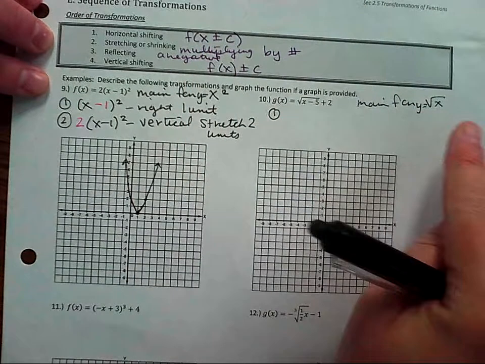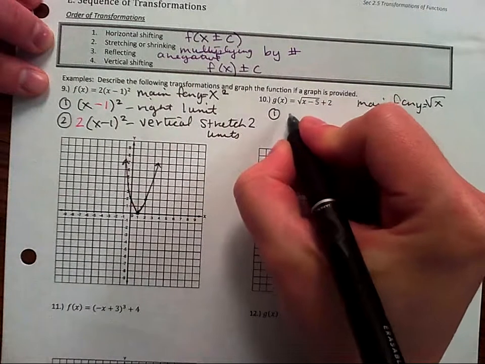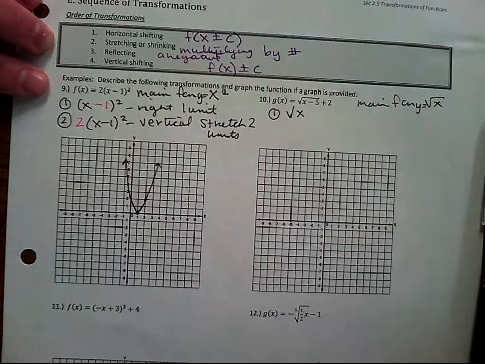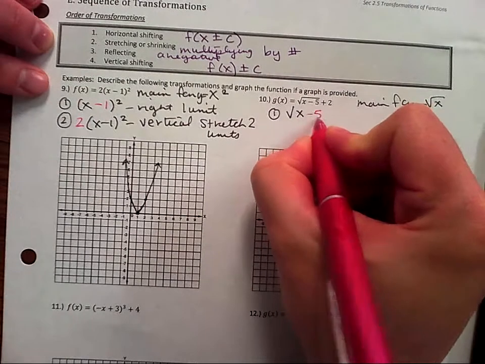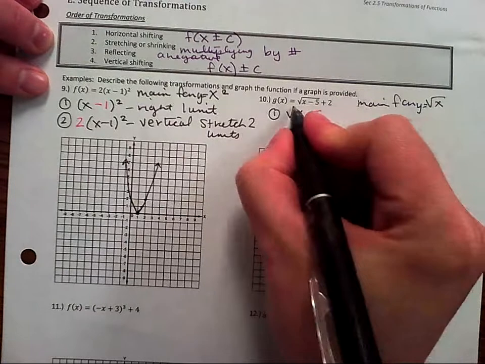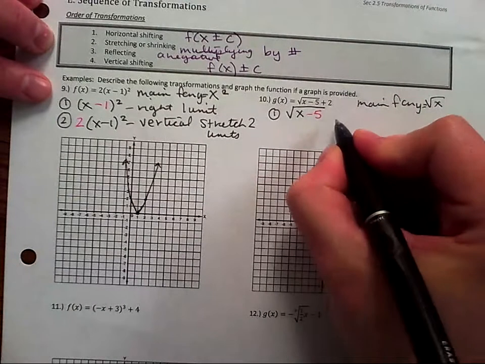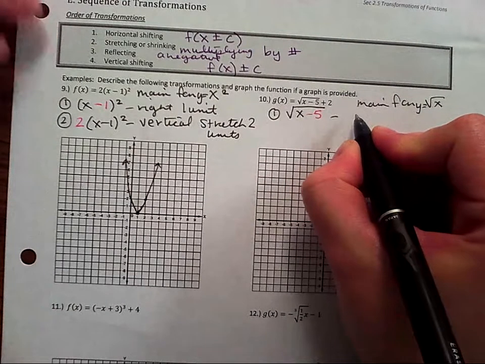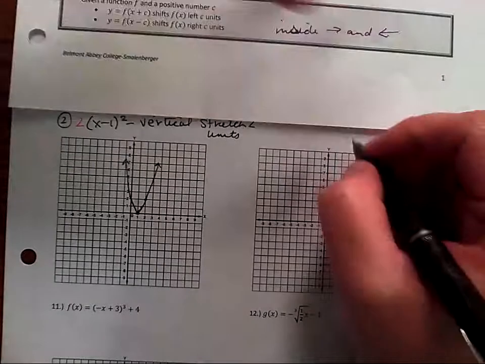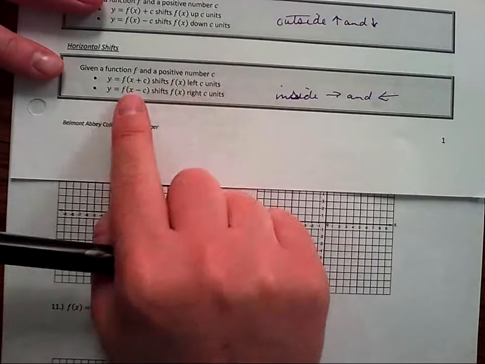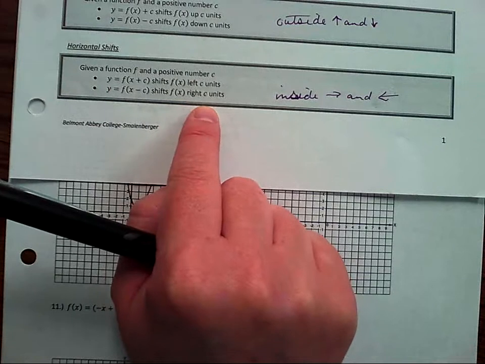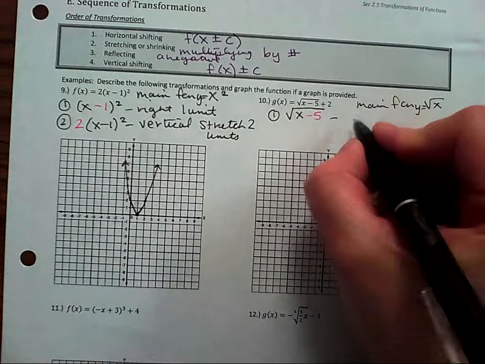Am I adding or subtracting inside of the square root function? Okay, so I have x minus 5 under the square root. What does that do? If you're not sure, go back here, right? Shifts it to the right 5 units. I'm subtracting inside, that shifts it to the right 5 units.